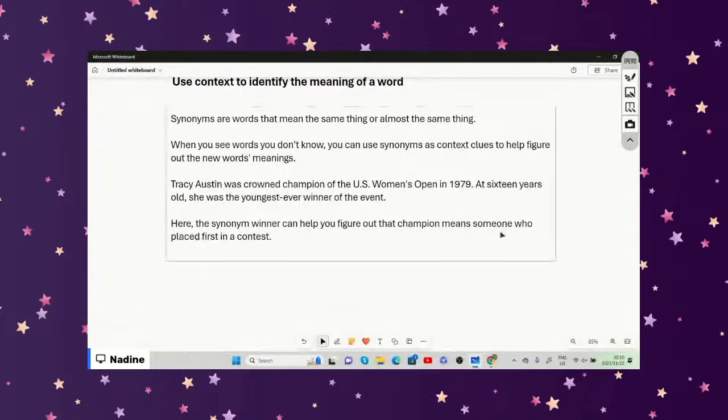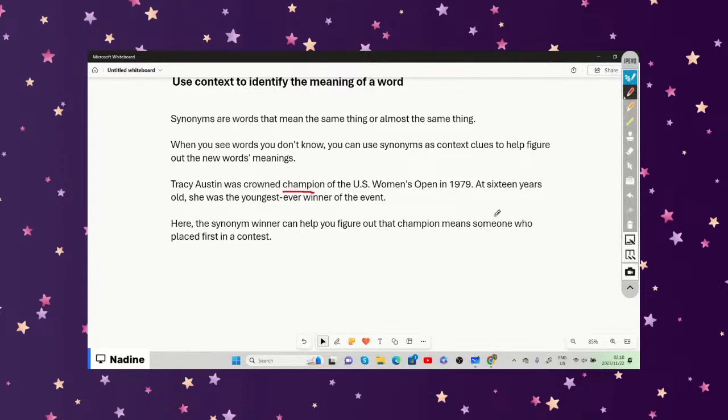So within the sentence or sentences, certain words that you can identify as a synonym will help you identify the meaning of one of the words. Like, for example, Tracy Austin was crowned champion of the US Women's Open in 1979.